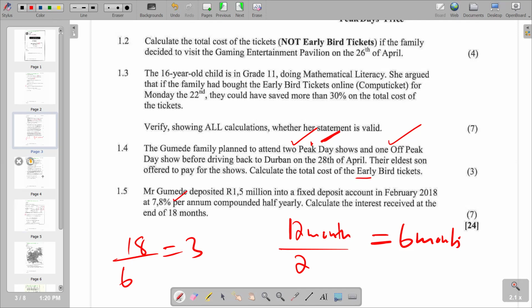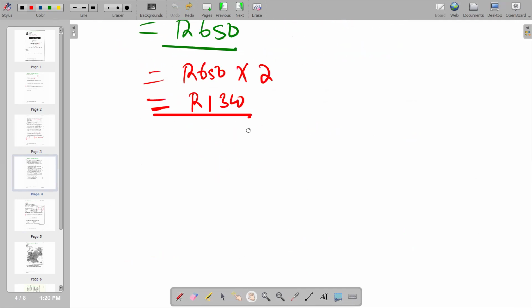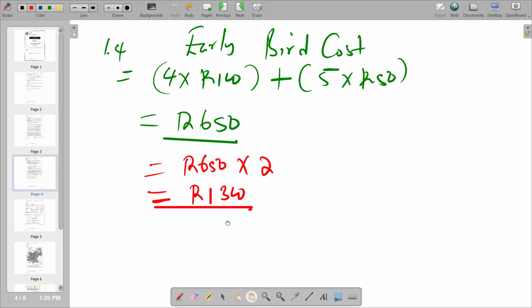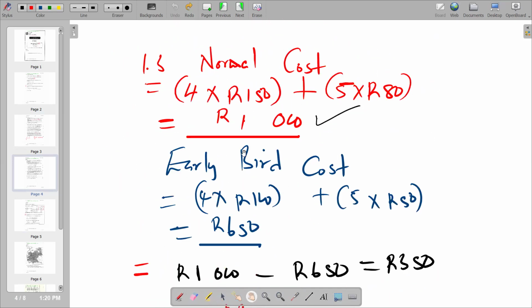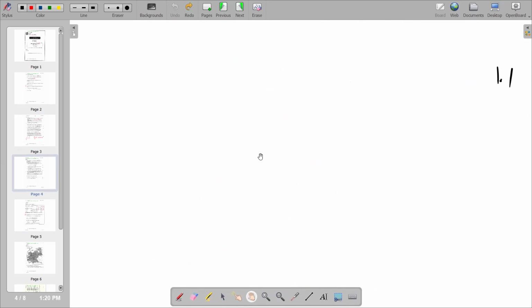So we can start by saying what points, let's just try to see how we can go about it. So this is our 1.5, whereby we are saying interest rate for half a year.